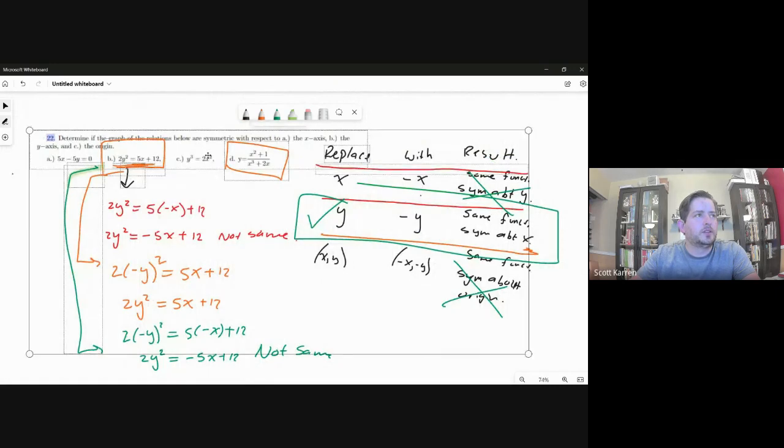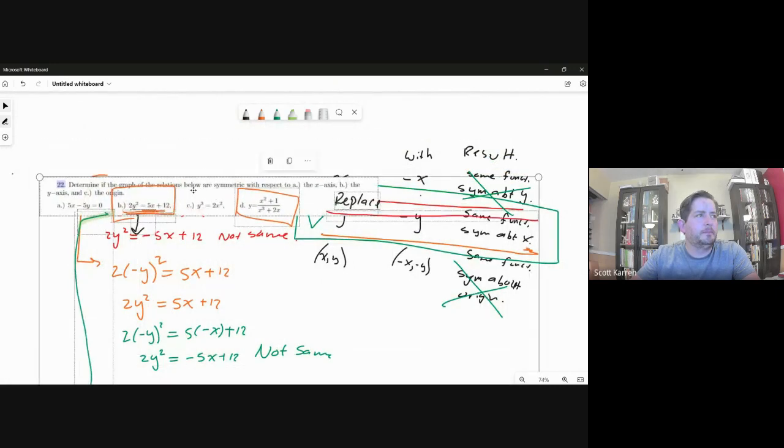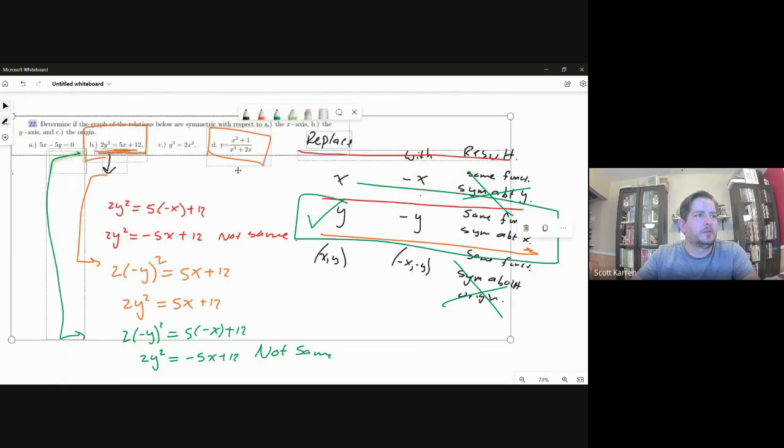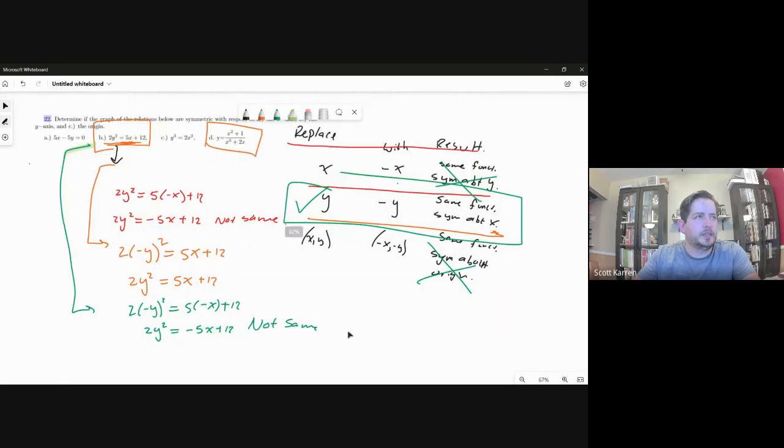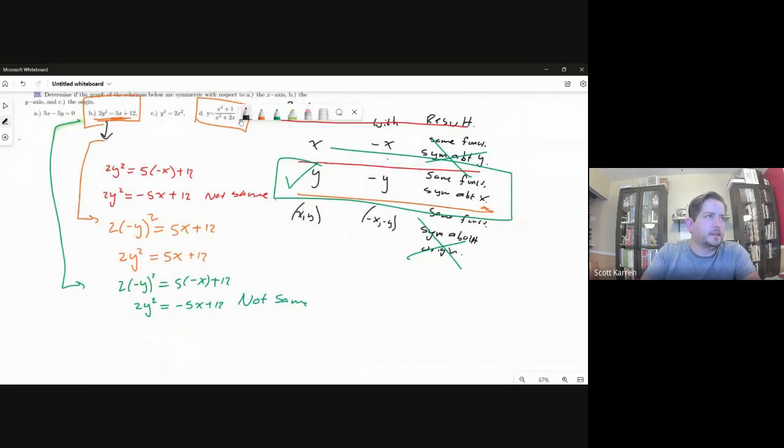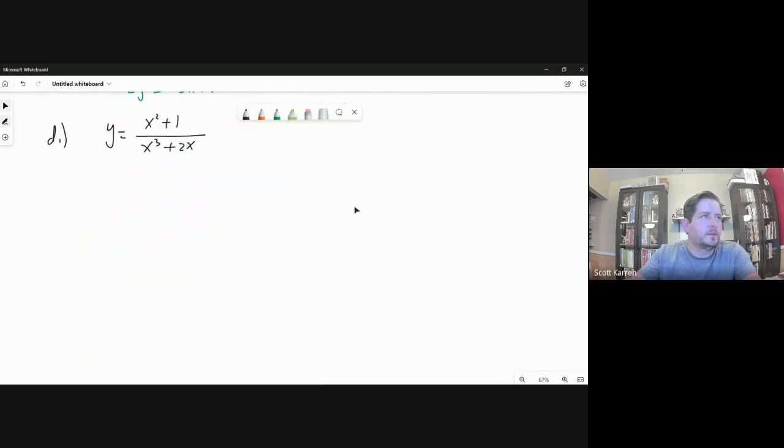Okay. Let's try that with D. Let me just write D again so I can get a clear space to work in. D is y equals x squared plus 1 over x to the third plus 2x. So I'll go through the same process. I'm going to start by replacing x with negative x.